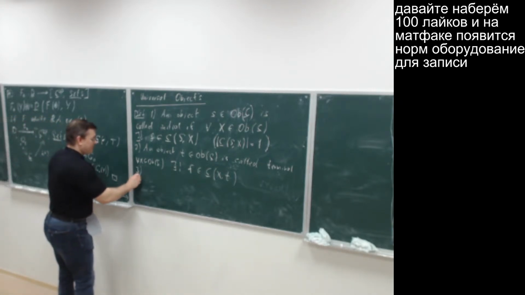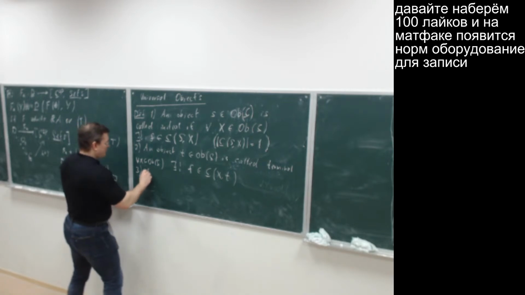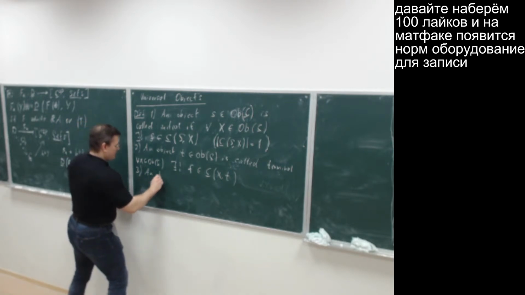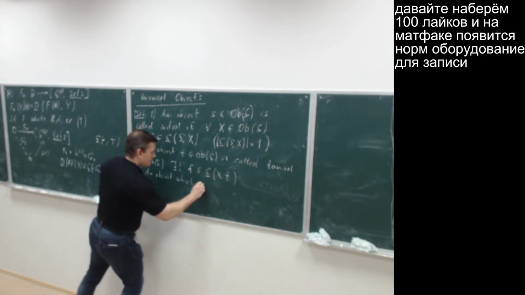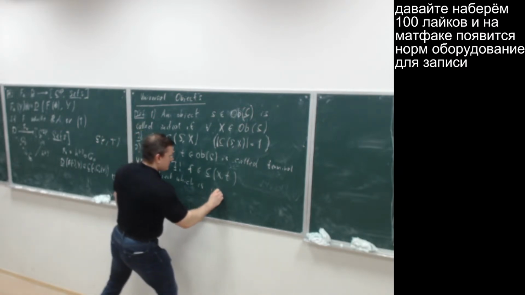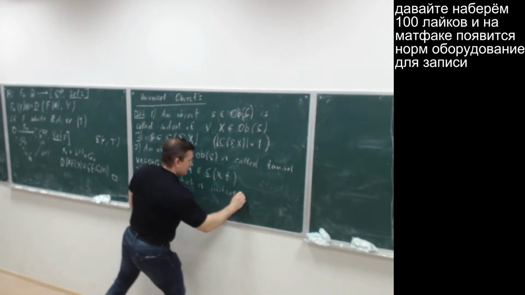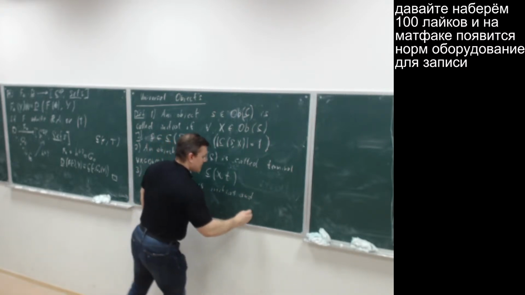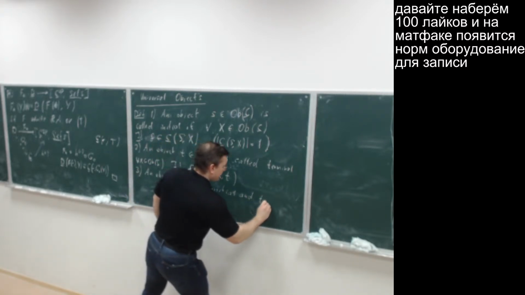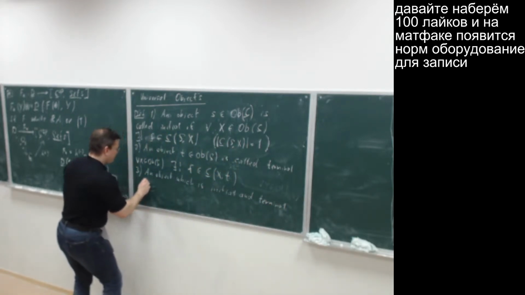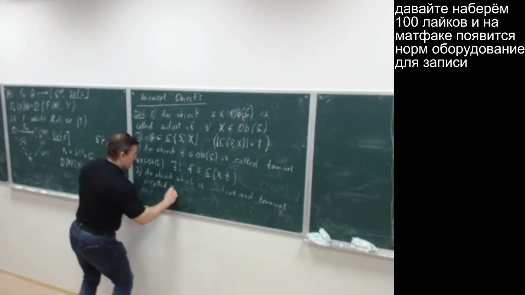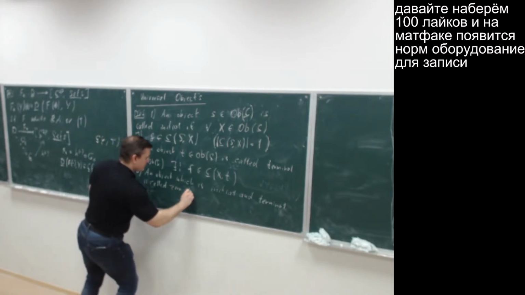Third, an object which is initial and terminal is called a zero object.